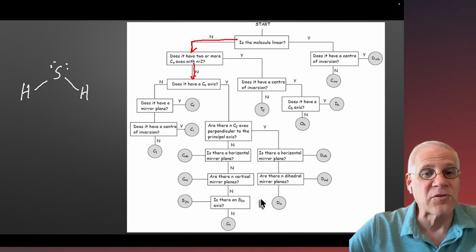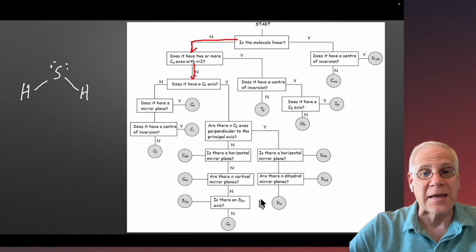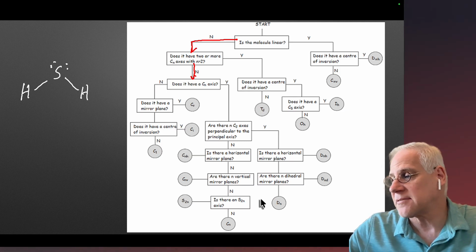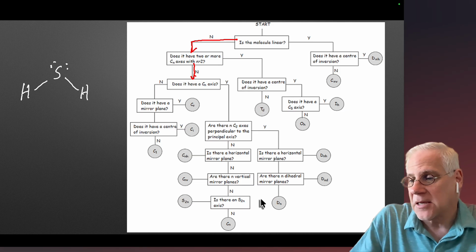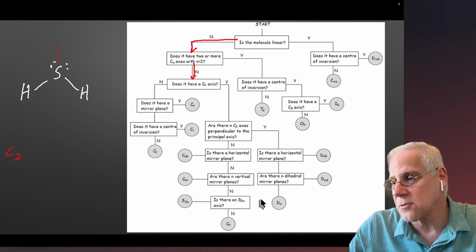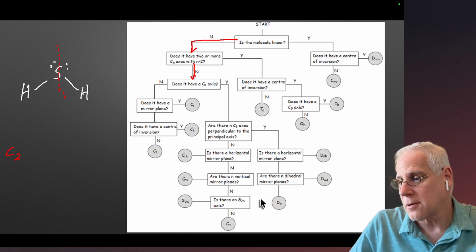So I come down here. So now it wants to know, does it have a CN axis at all? And the answer here is yes. And the reason it's yes is because this molecule does have a CN axis. It has a C2 axis. And the C2 axis runs right down through the center there.